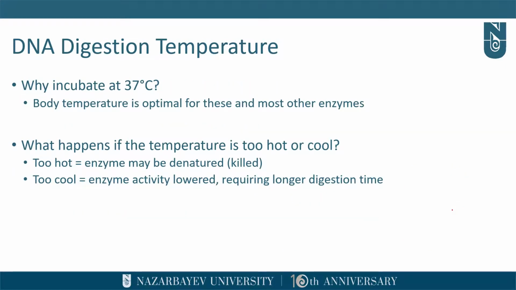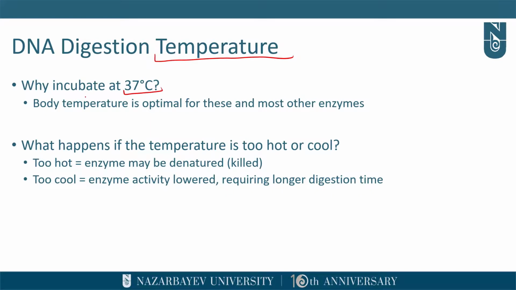Okay, so what else you should know about the restriction itself, or digestion, is that we need a special temperature. In the case of EcoRI and PstI restrictases, we need 37 degrees Celsius. Why?